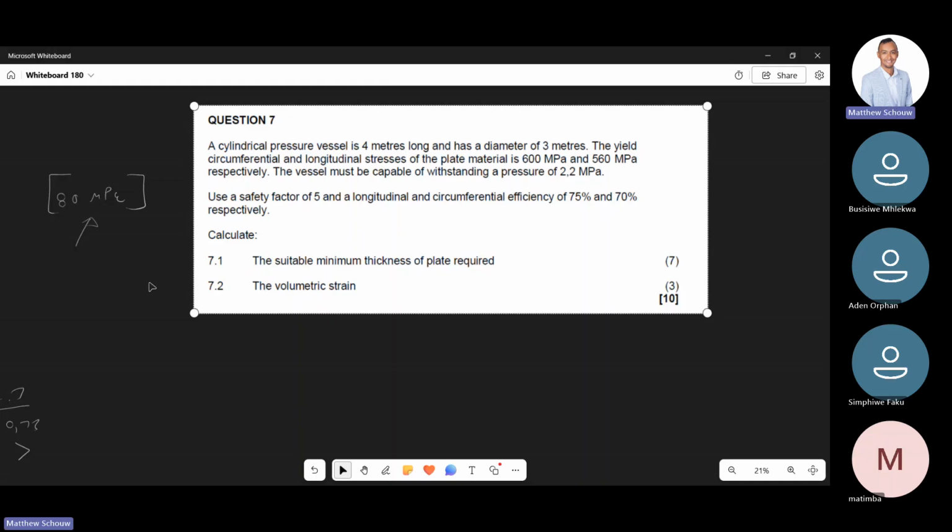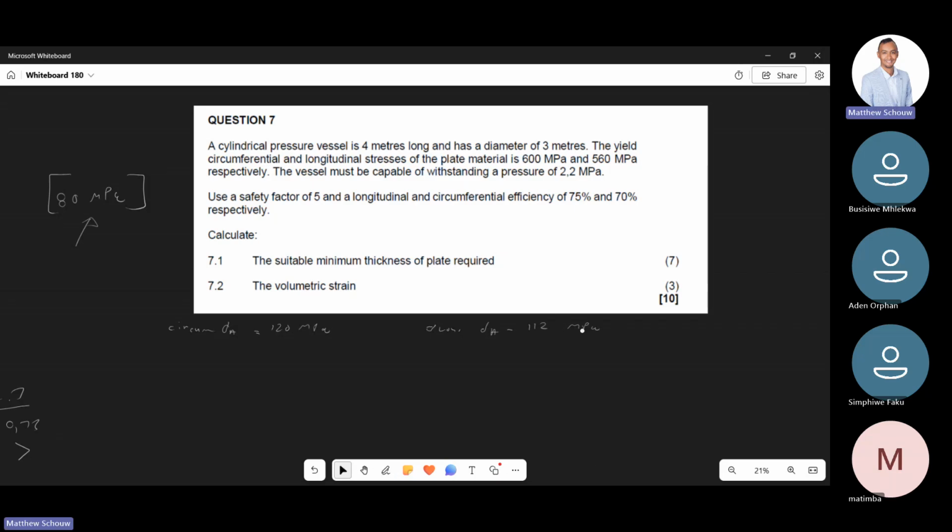So your circumferential allowable stress should be 120 megapascals. And then your longitudinal allowable stress should be 560 divided by 5, which gives you 112 megapascals.